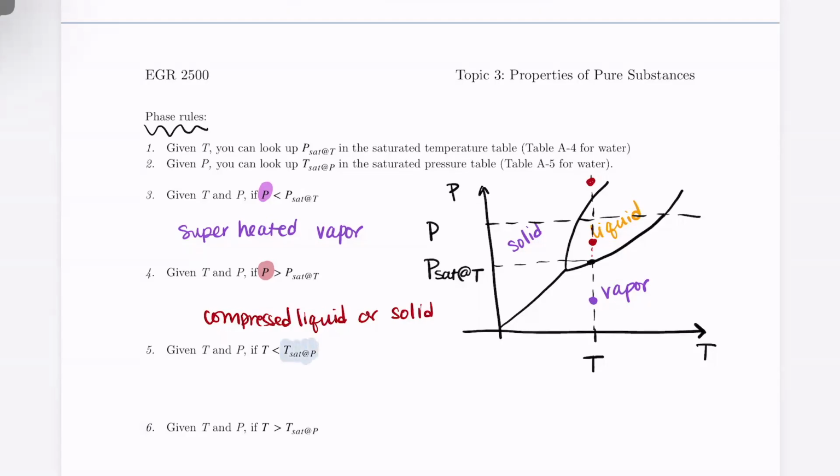Depending on where we're currently at, it could be here or here, right? So depending on where we start off, if our temperature is lower than that, then we're either a liquid or we're a solid, depending on what state we started at. Does that make sense?